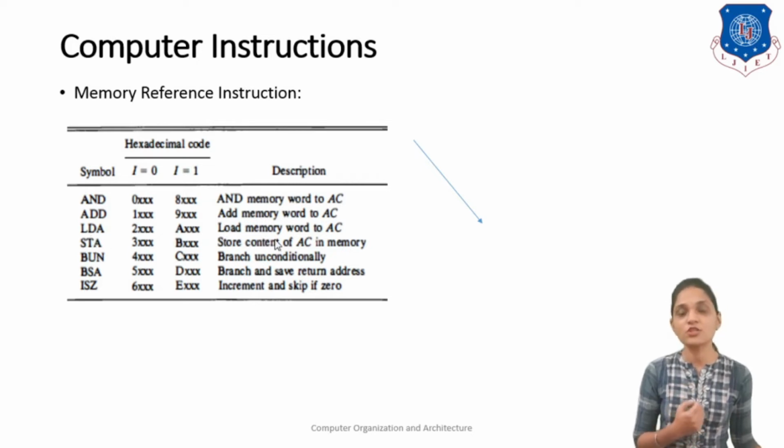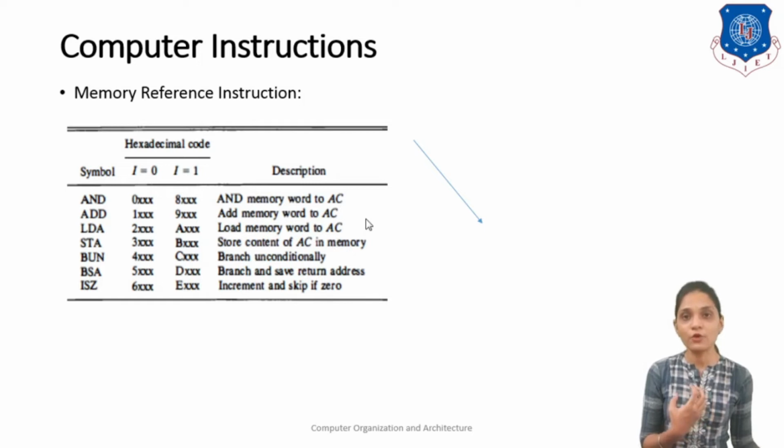In the LDA instruction, you will load the content of some memory location into the accumulator. In the STA instruction, you will store the content of the accumulator to some memory location that you have provided in this instruction by this XXX. Okay, in the BUN instruction, you will do the branch unconditionally, that is used for changing the sequence of your program.